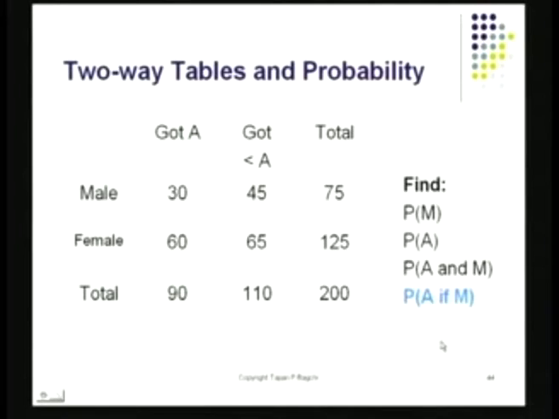Let's move into an example now. The example goes as follows. I've got kids writing tests, and I've given them a test and counted how many got A and how many got less than A. I've also kept track of how many were male and how many were female, how many girls and how many boys.